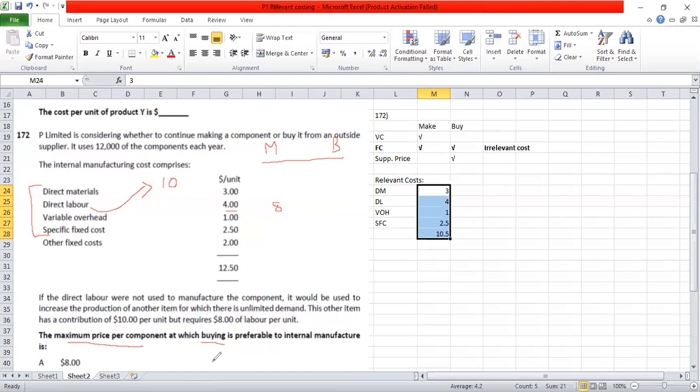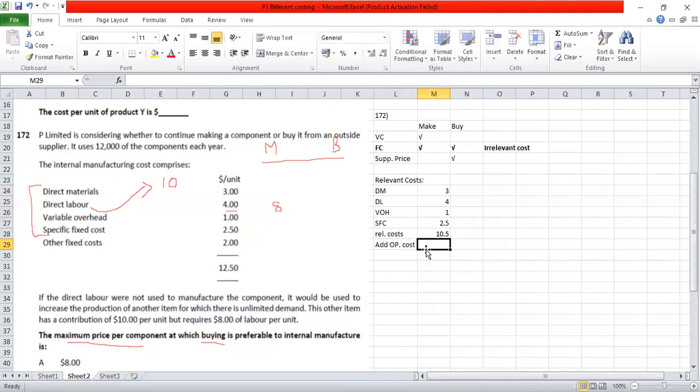So now the relevant cost, I will once again explain to you, don't worry. Relevant cost are 10.5. Add opportunity cost.